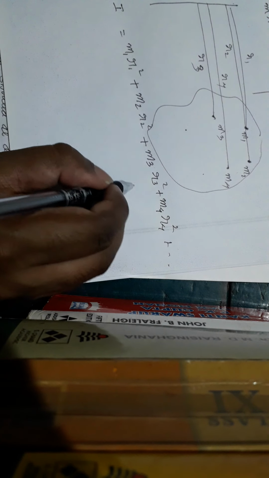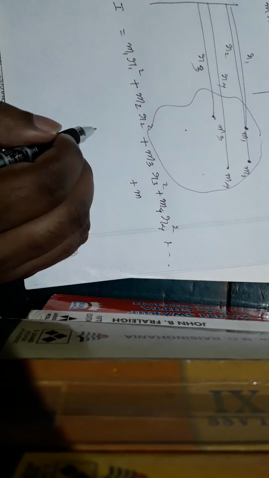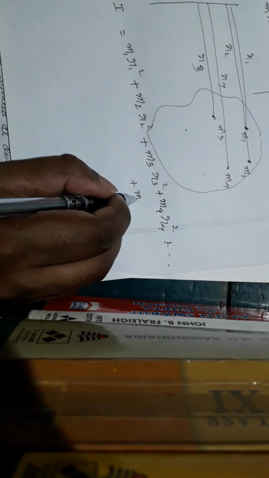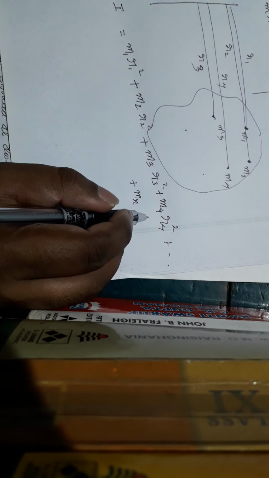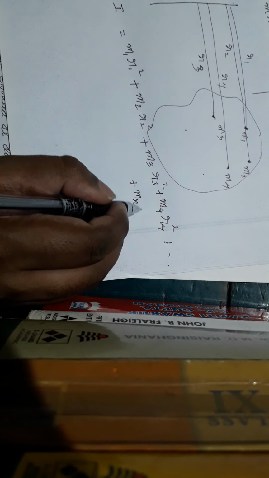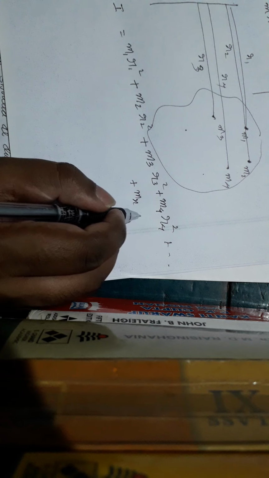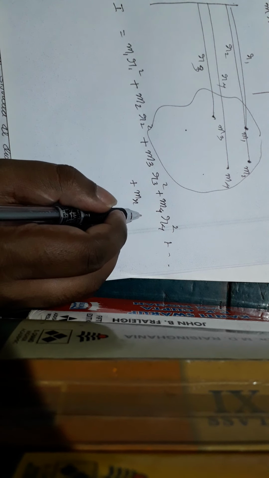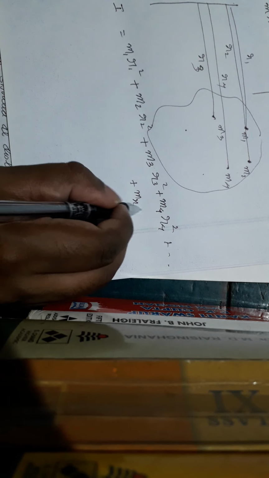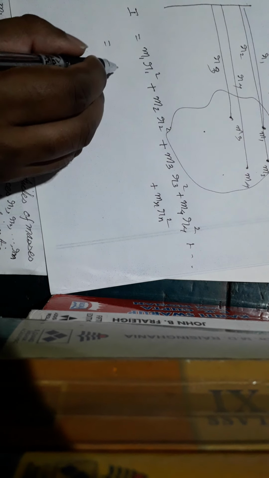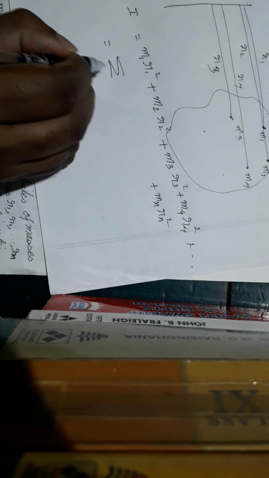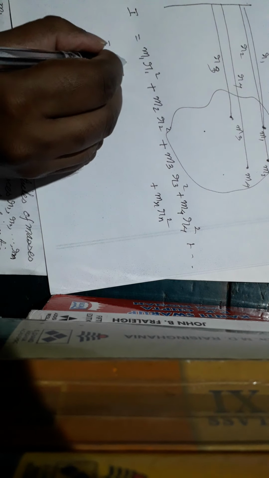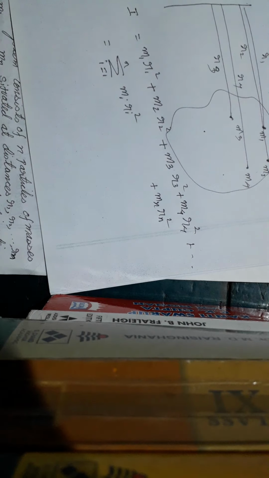For the last body of mass mn at perpendicular distance rn, the contribution is mn rn square. We can write this in the form of a summation: I equals the sum from i equal to 1 to n of mi ri square. That is the moment of inertia of a rigid body.